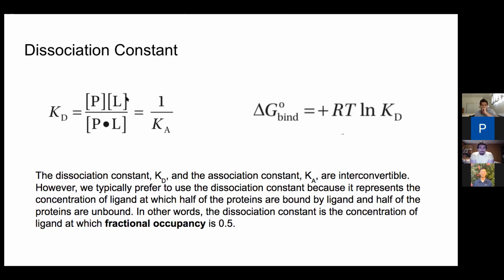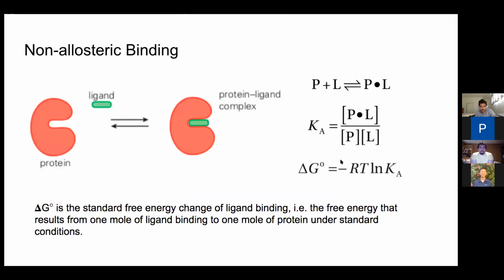We can also write a standard free energy change expression using the dissociation constant. Note that since the dissociation constant is the inverse of the association constant, the delta G expression doesn't have a negative in front; it's positive, because the natural logarithm of an exponent is the exponent times the natural logarithm. You can imagine that the association constant is Ka raised to the -1, you bring out the -1, and the negative becomes positive.